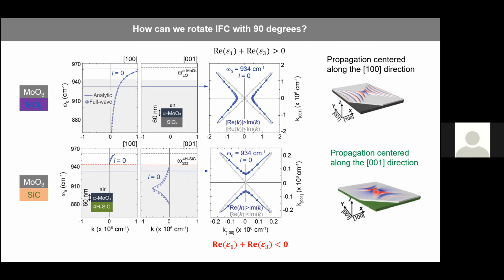So in real space, it will look something like this, with propagation centered along this direction. That tells us that by tailoring the dielectric environment of the molybdenum trioxide or van der Waals crystals, not only can we change the wavelengths of the phonon polaritons, but we can also change the propagation, or the isofrequency curve of the phonon polaritons.